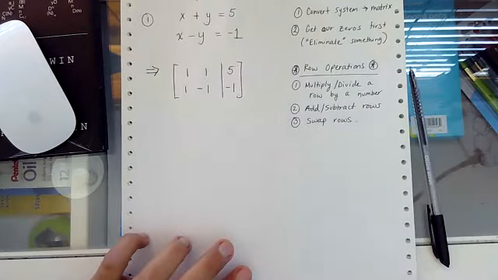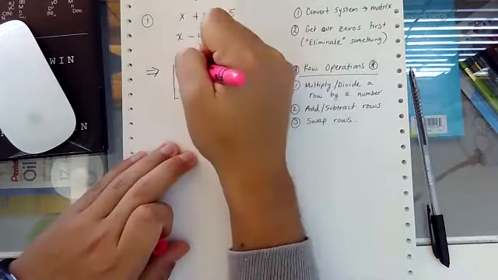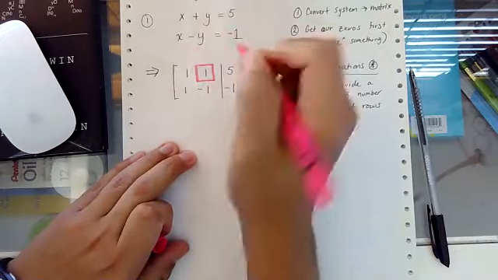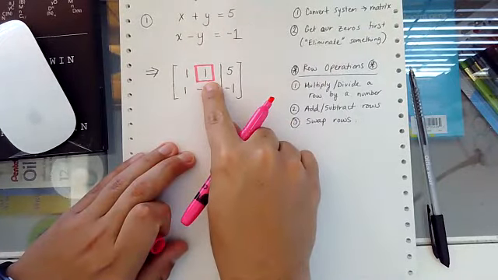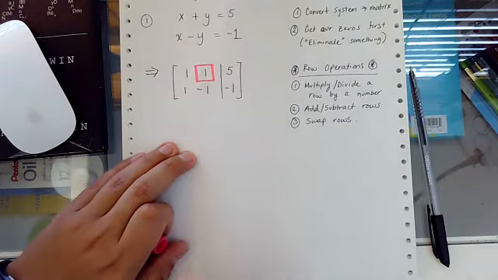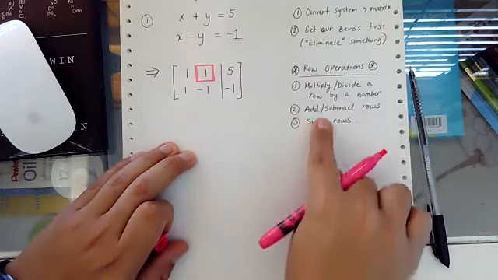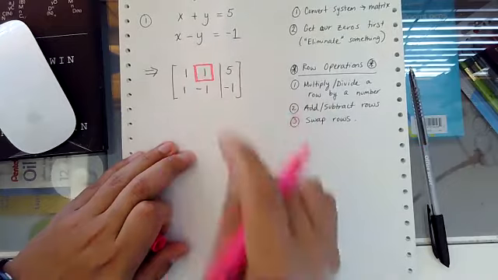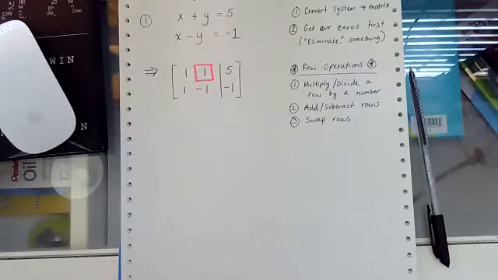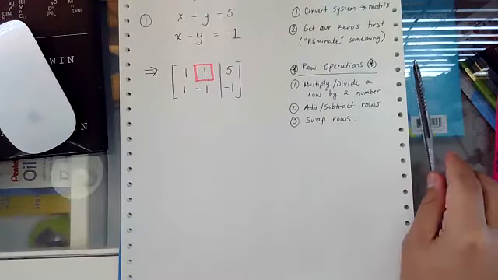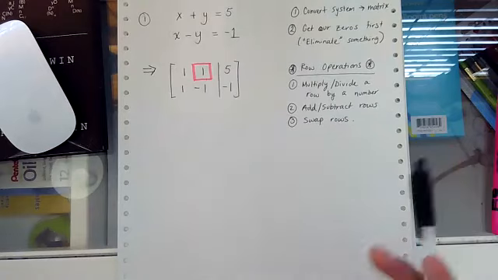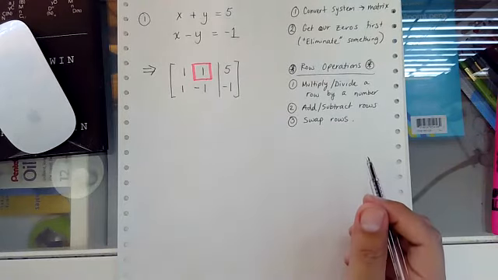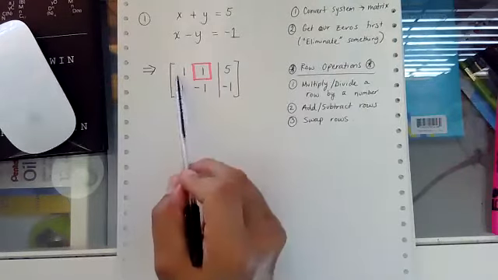So if I'm trying to focus on this position here, and I'm trying to make this into a 0, what is some operation that I've defined here that will make this turn into a 0? Multiply by 1.